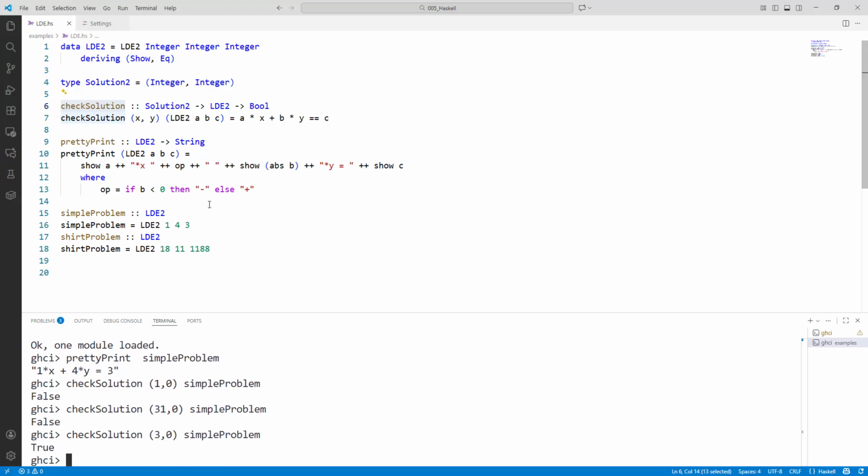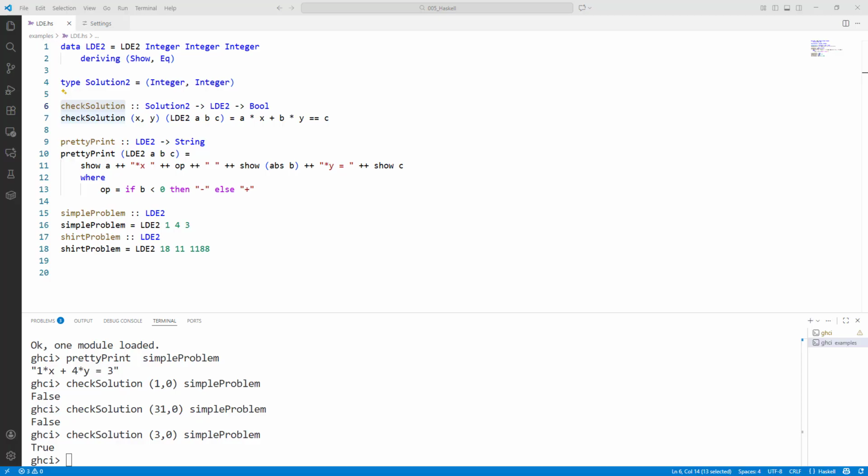Okay, this is what we had so far, but now we should find a way to create our own solution without guessing, because as I mentioned, we should be able to write a function for a solution in Haskell. So without further ado, let's continue. How are we going to do it?